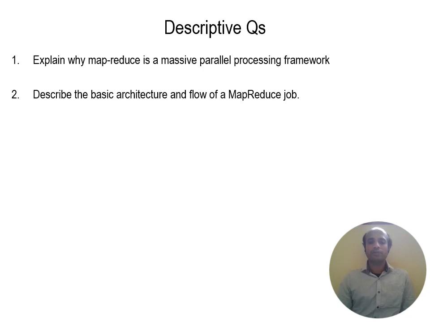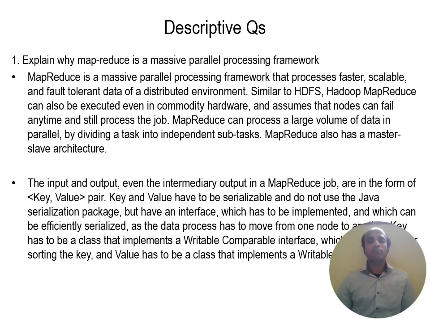Let's start the discussion with the first question: explain why MapReduce is a massive parallel processing framework. For this, you will have to write about MapReduce being able to process data in a faster, scalable, and fault-tolerant way in a distributed environment.